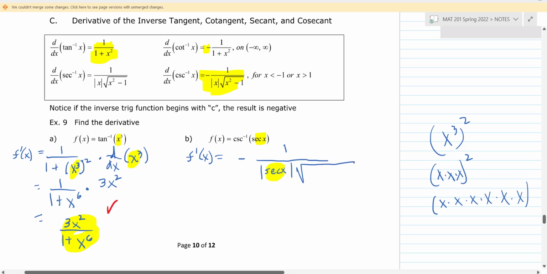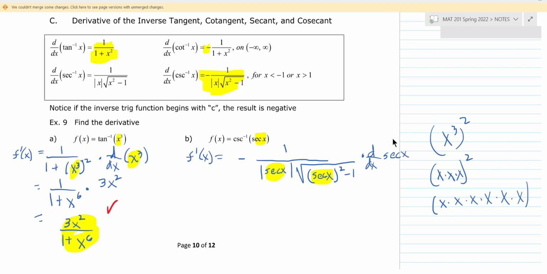The same thing happens here: you'll have something squared minus 1, so the secant of x goes in there. And then we've got to use the chain rule also, so we multiply by the derivative of the secant x.